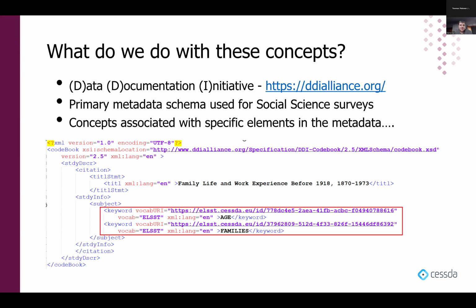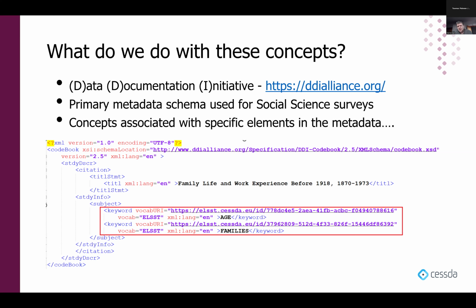So giving you an example here, we have a study called Family Life, Work and Experience. The study number, I think, is 2000, if I remember rightly. But you can see here in the box that I've highlighted, within DDI, which is the de facto metadata schema for social sciences, we have a keyword element. Now, in the old days, we just used to put the keyword is age and the keyword is families.